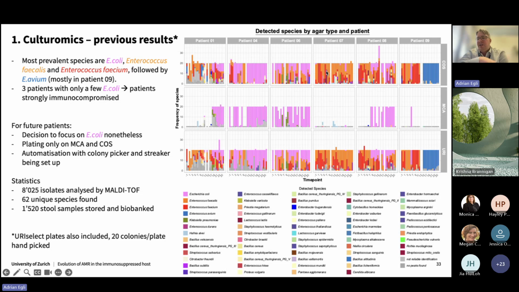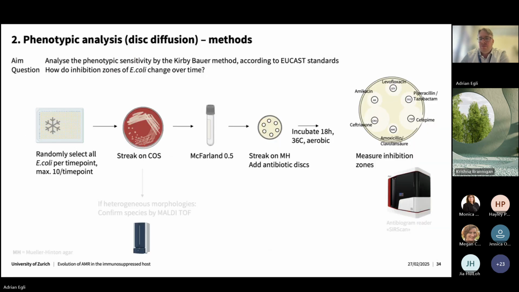And then you see quite a bit of dynamics, when is E. coli coming, when is it disappearing? And she will now work this up, and obviously we will also have matching 16S data for that. But all the colonies we pick, we freeze. So if somebody is interested in, let's say, Enterococcus faecium evolution, please reach out to me. I'm more a gram-negative person.